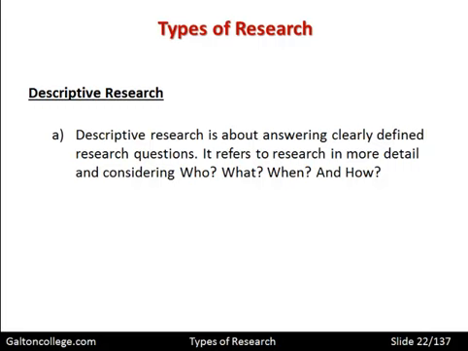Generally speaking, we say it's the who, what, when, and how, or even where. It's answering those sort of questions. It's providing a context. It's describing the market situation or the particular research area that is under investigation.